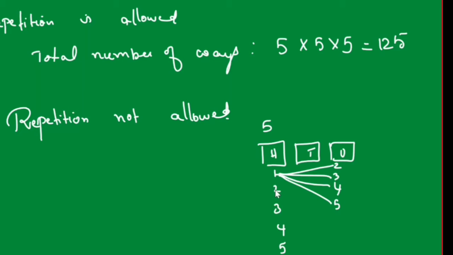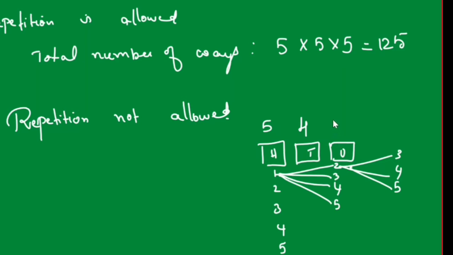If I use number 2, I cannot use number 2 again. I can use the remaining 4 numbers. So how many ways are there? 4 ways. Hundreds place you have 5, 4. Now the units place, if I have used 1 and 2, I cannot use 1 and 2 again because repetition is not allowed. So you have only 3 options here.